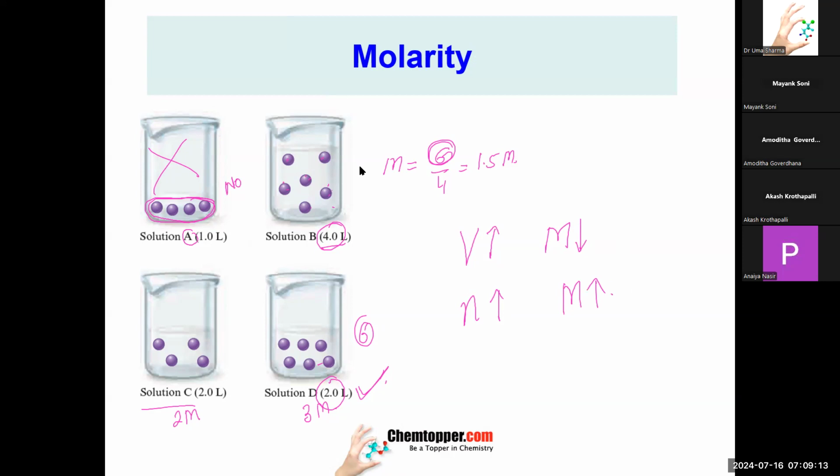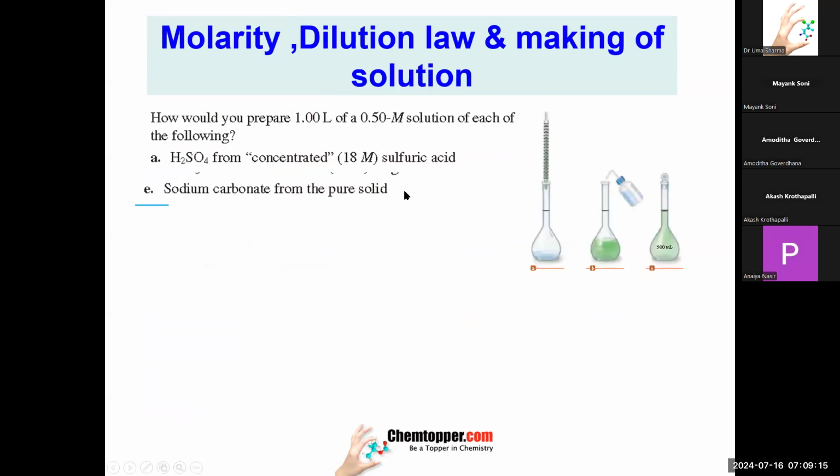We did molarity and dilution law also. You remember the dilution law? You are adding water. I told you how to make a standard solution. So what is dilution law? You take your concentrated solution, you add only water, nothing else.